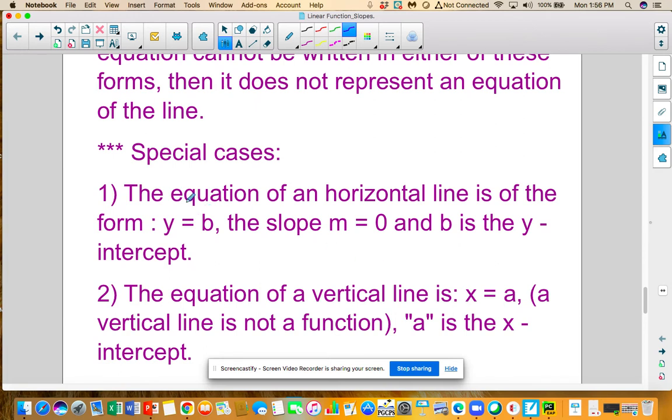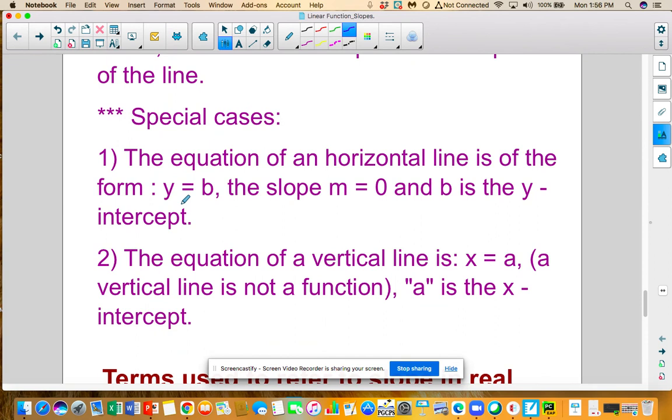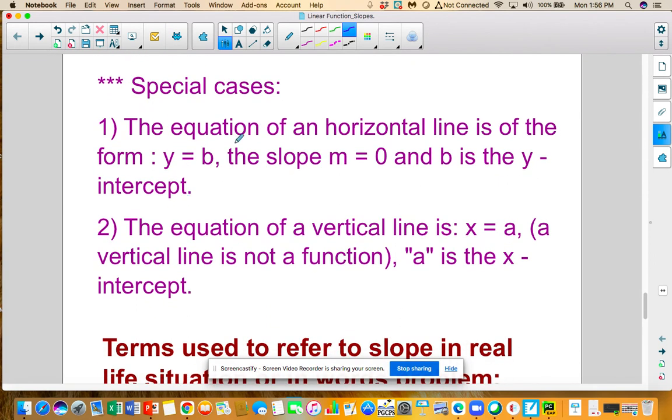Okay, so we already talked about those two special cases. The equation of a horizontal line is of the form y equals b, and b is where the line crosses the y-axis. It's called the y-intercept.